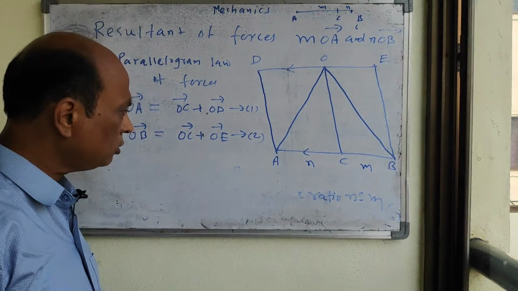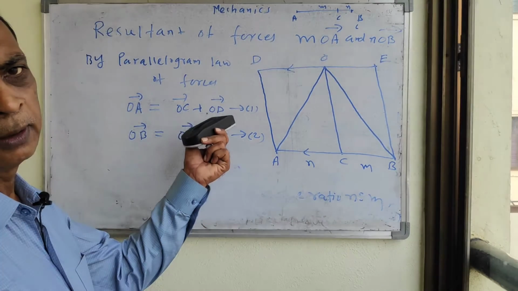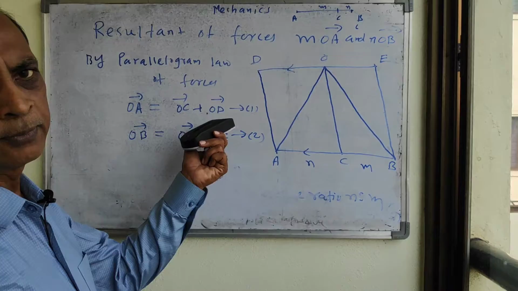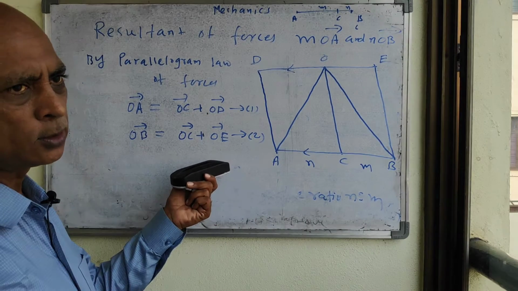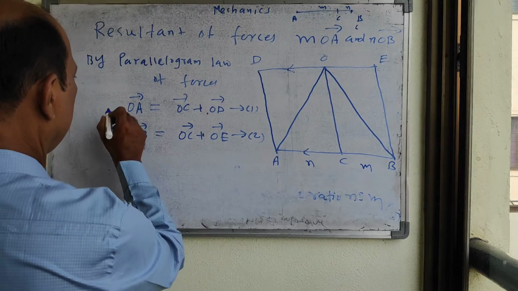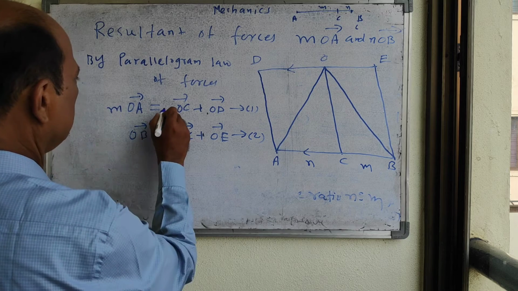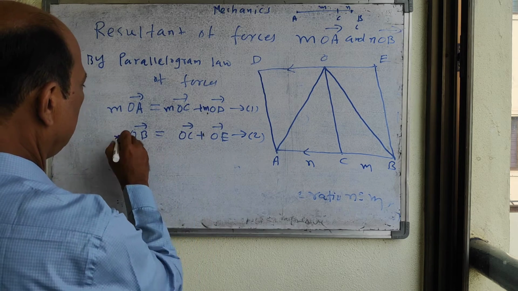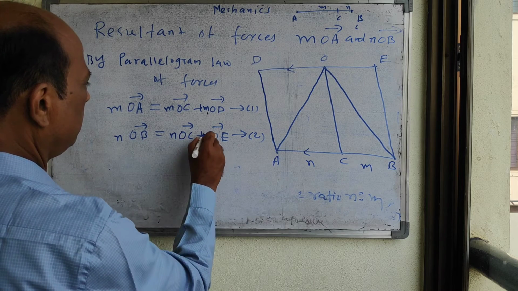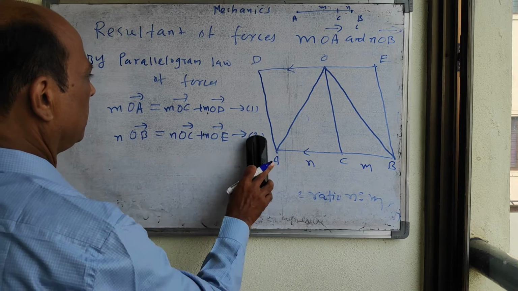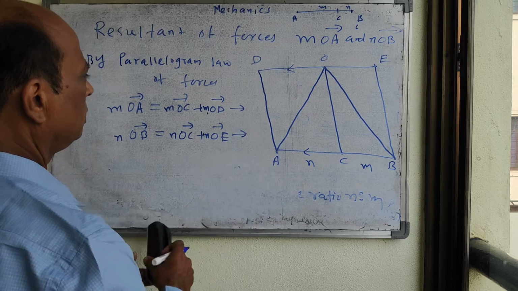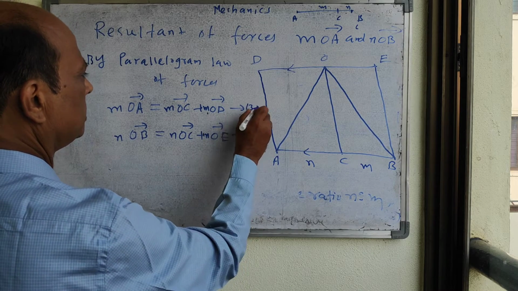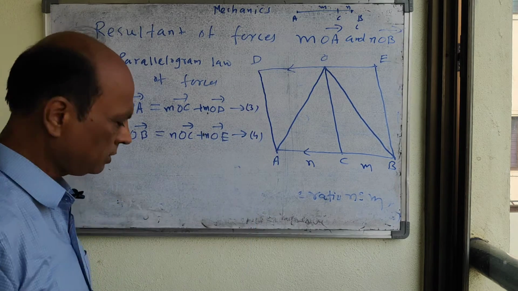Now we have to multiply equation 1 by m and equation 2 by n. So the new equations will be m OA bar is equal to m OC bar plus m OD bar, and n OB bar is equal to n OC bar plus n OE bar, and we give these new numbers: equation 3 and equation 4.